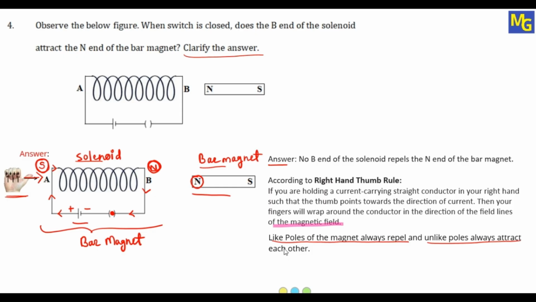Like poles of magnets always repel and unlike poles always attract each other, and because of this, the N end of the solenoid will repel the N end of the bar magnet.